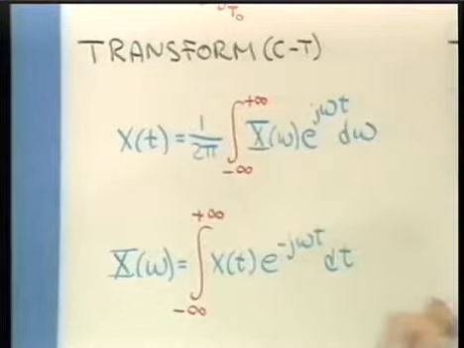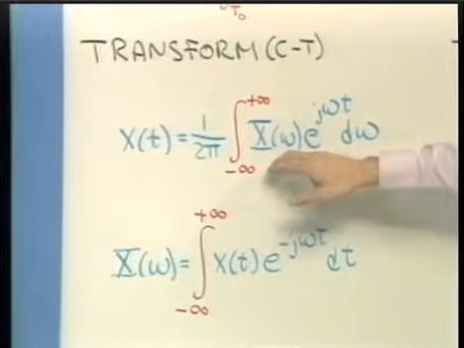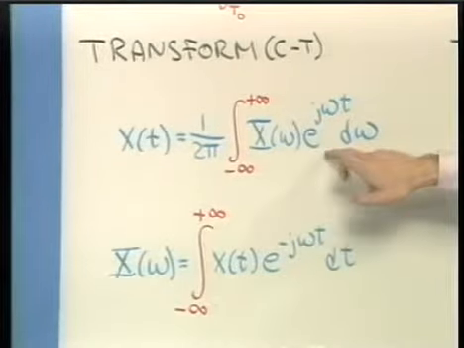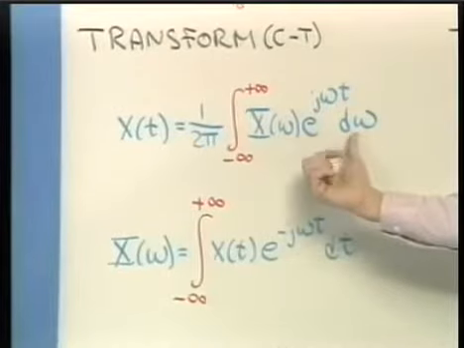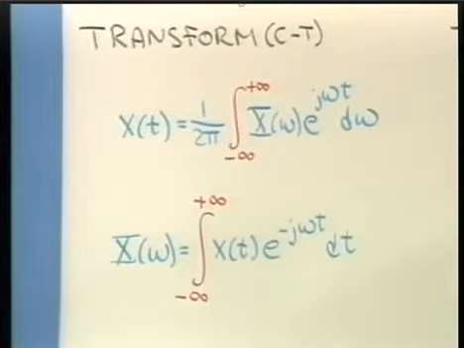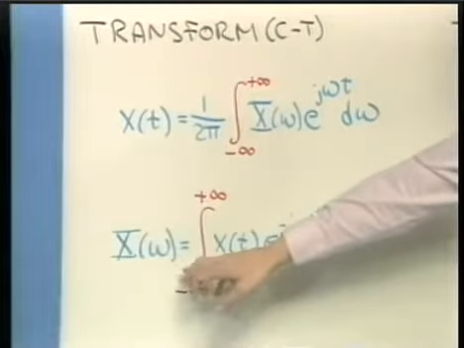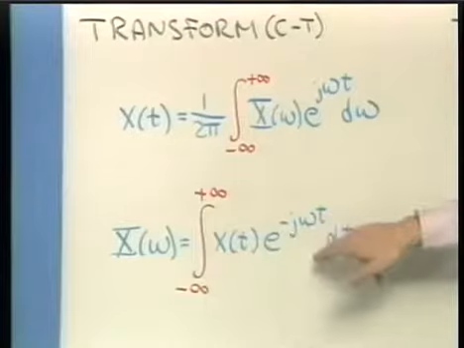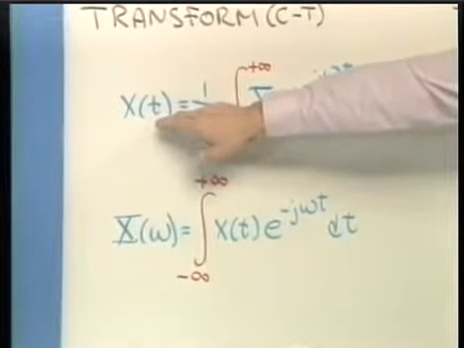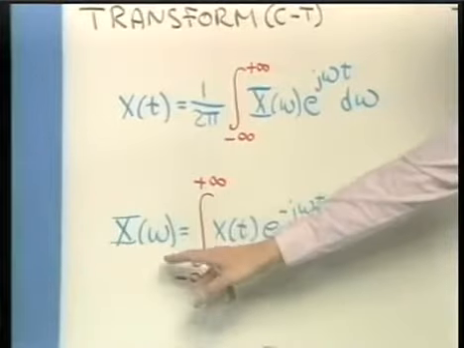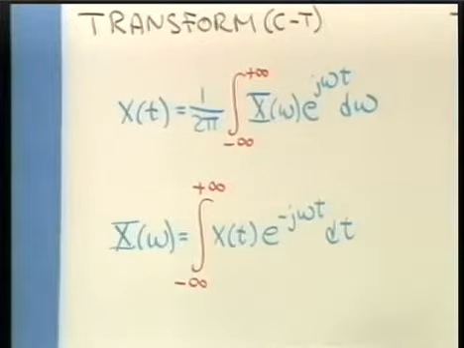This was for the aperiodic case, represented as a linear combination of infinitesimally close in frequency complex exponentials with complex amplitudes given by X of omega d omega divided by 2 pi. And we had, of course, the corresponding analysis equation that told us how to get X of omega. Here we have a continuous time function which is aperiodic and a continuous function of frequency which is aperiodic.